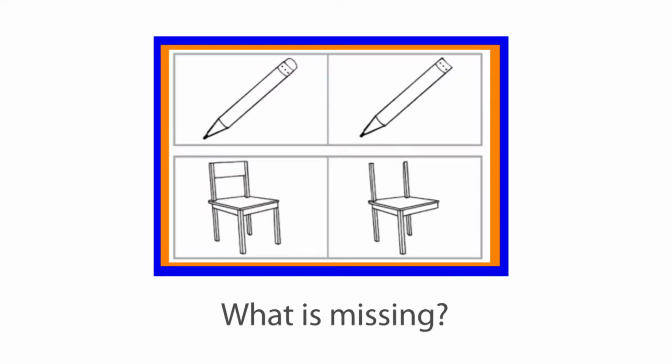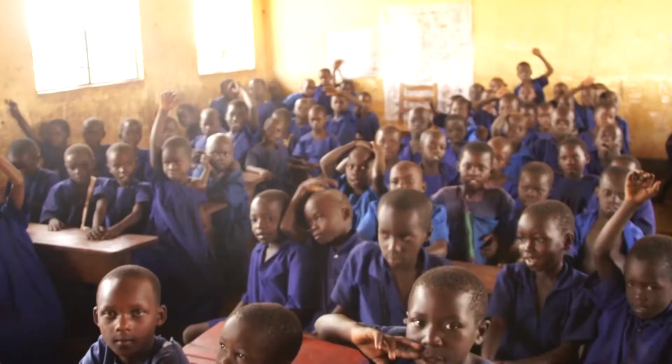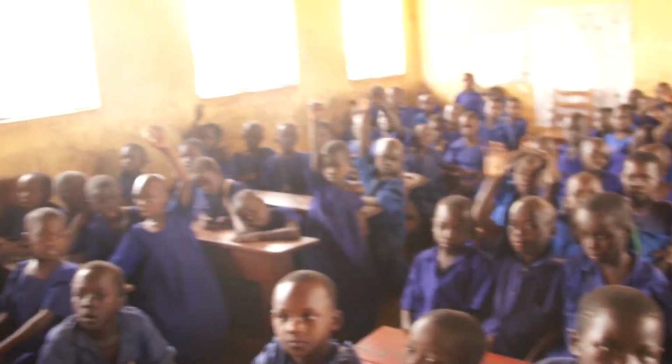The first puzzle we call What is Missing. In a What is Missing, the pupils have to find the missing parts.